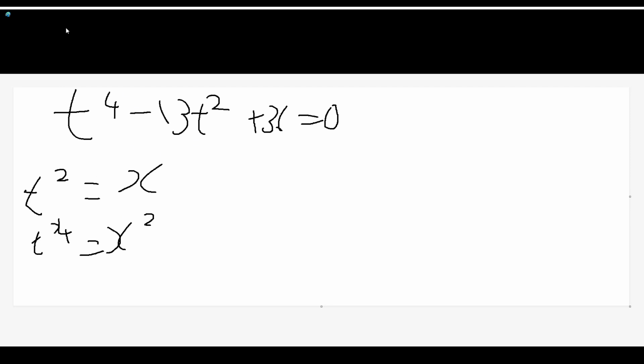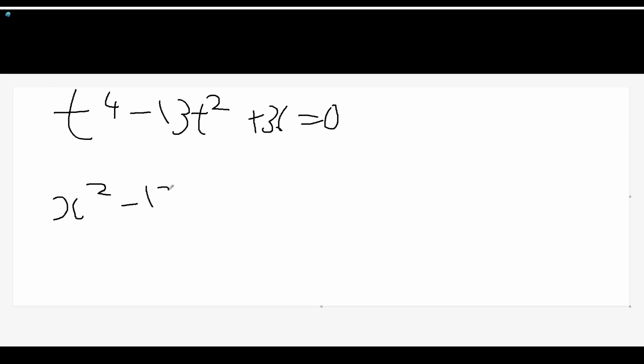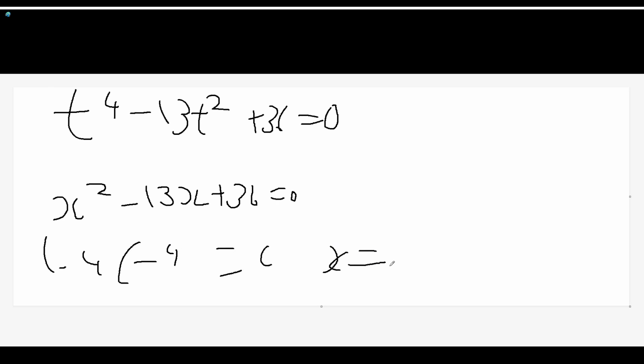So we can rewrite this as x squared minus 13x plus 36 is equal to 0. And from here, this is an easily solvable equation with x minus 4 and x minus 9 equal to 0. So x equals 4 or x equals 9.